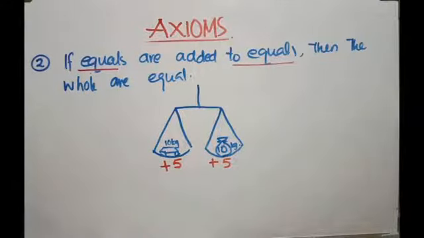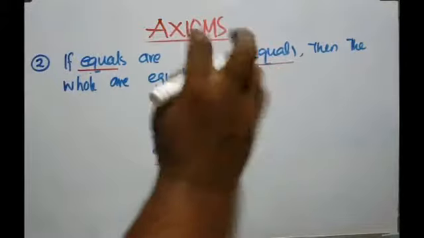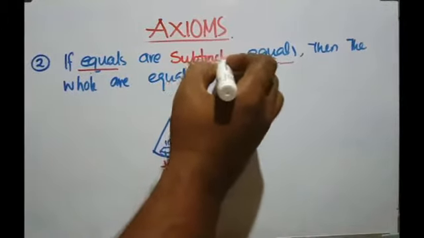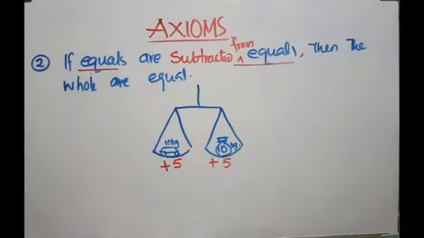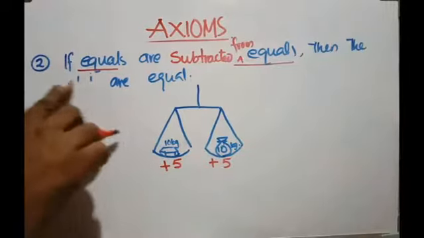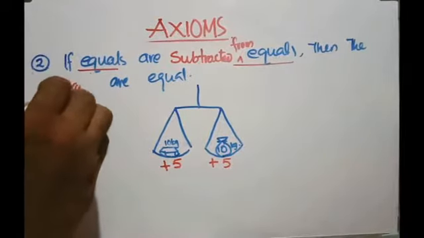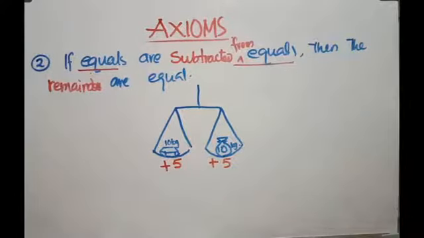In addition to this, we can state the third axiom also. It is nothing but, if equals are subtracted from equals, then the remainders, or the balance, are also equal.